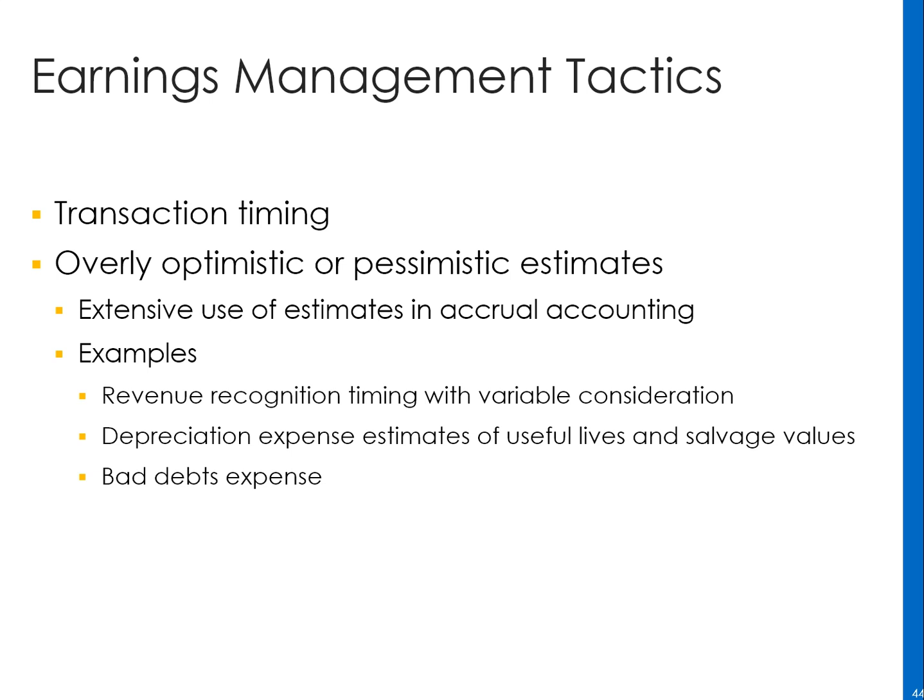So in good years, we can have a really large percentage, so pessimistic estimate, then in bad years we're going to have lower allowance, so optimistic estimate. So this is going to give us shift income from one period to the other.